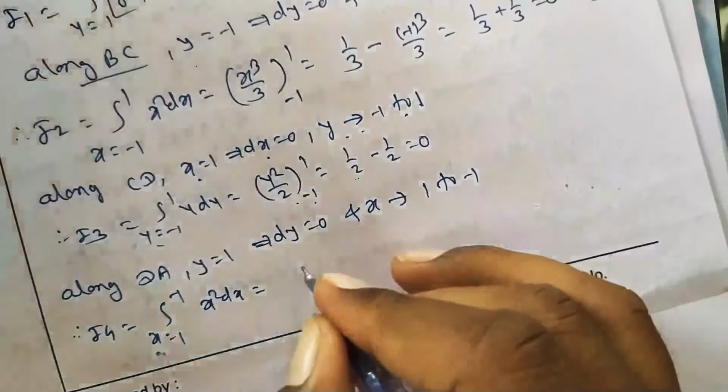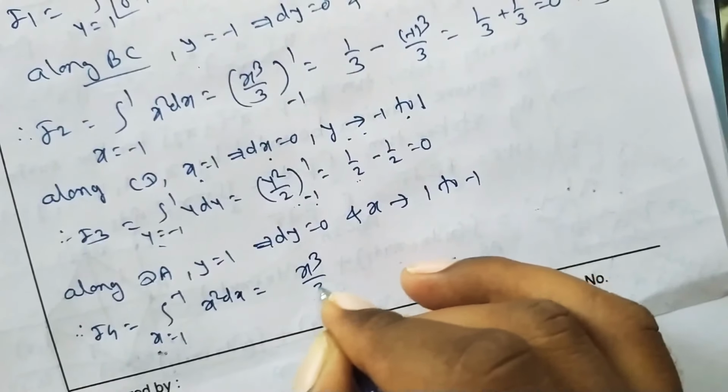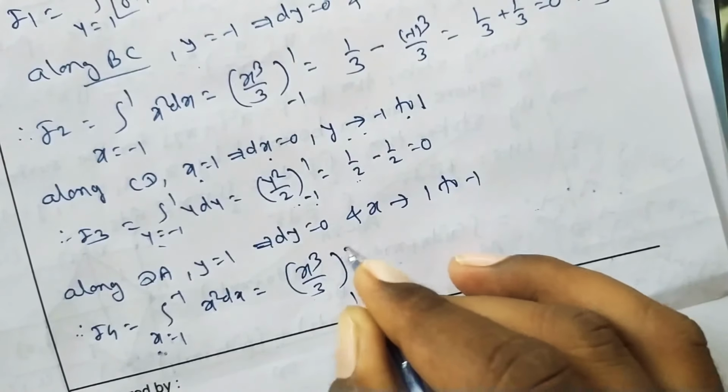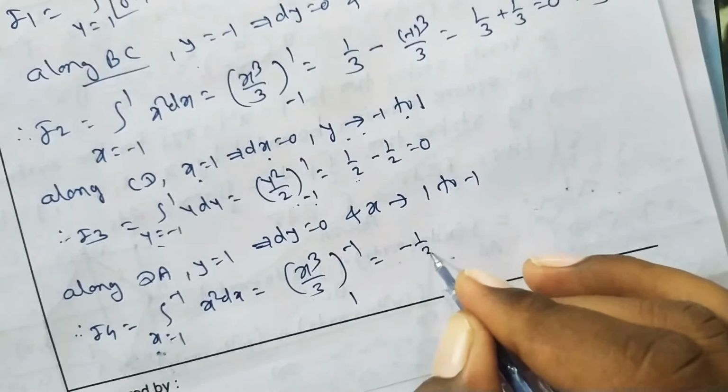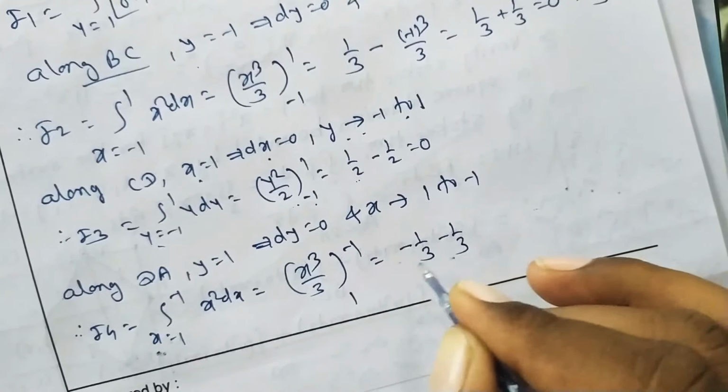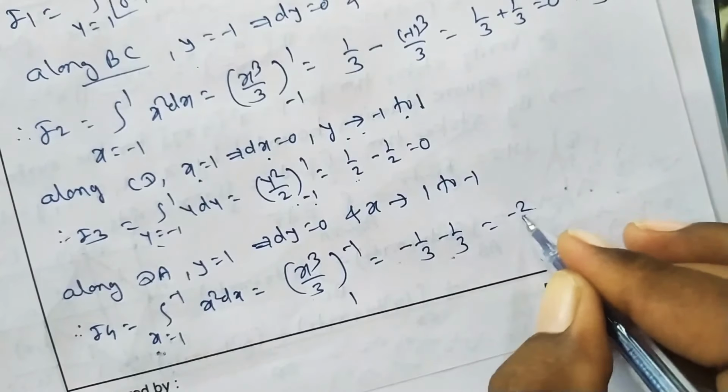Now what is integration of x square? Integration of x square is x cube by 3, x varies from 1 to -1, is equal to -1 by 3 minus 1 by 3, means upper limit minus lower limit, this is -2 by 3.